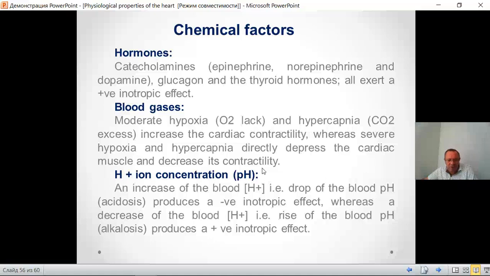Hydrogen ion concentration: an increase in it, a drop of the blood pH, produces a negative inotropic effect, whereas a decrease in it and a rise of the blood pH, that is alkalosis, produces a positive inotropic effect.